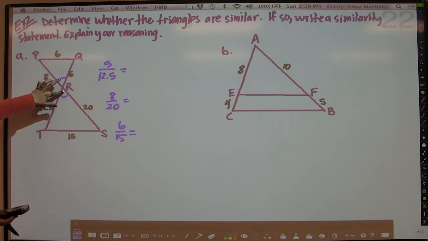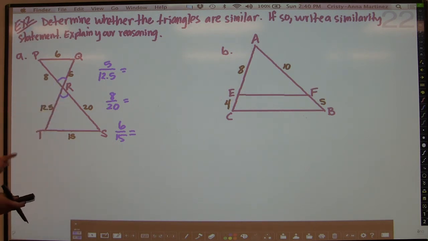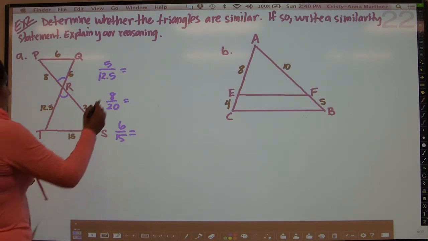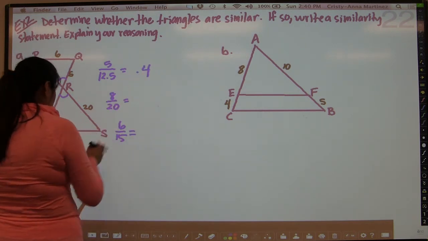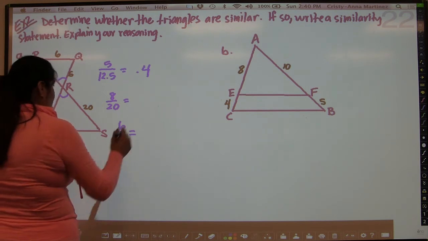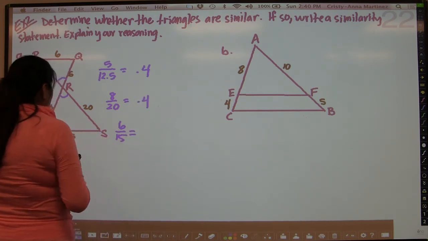Even though these are vertical angles, we need two pairs of congruent angles and we only have one pair, so we couldn't use angle-angle similarity. We might be able to use side-angle-side, or side-side-side. Since they gave me all three side lengths, I'm going to try side-side-side. 5 to 12.5 gives me 0.4. 8 to 20 also gives me 0.4.